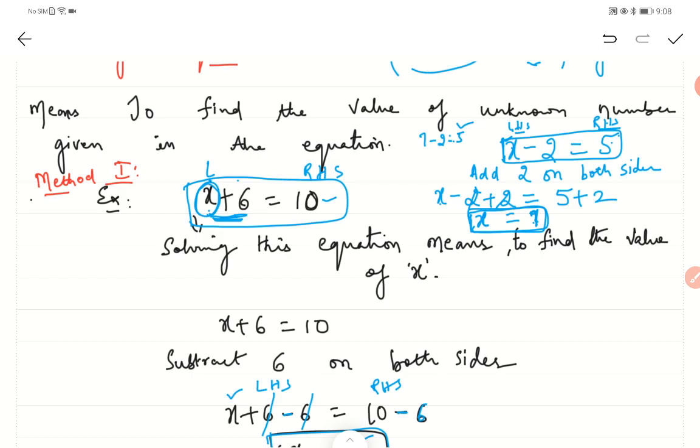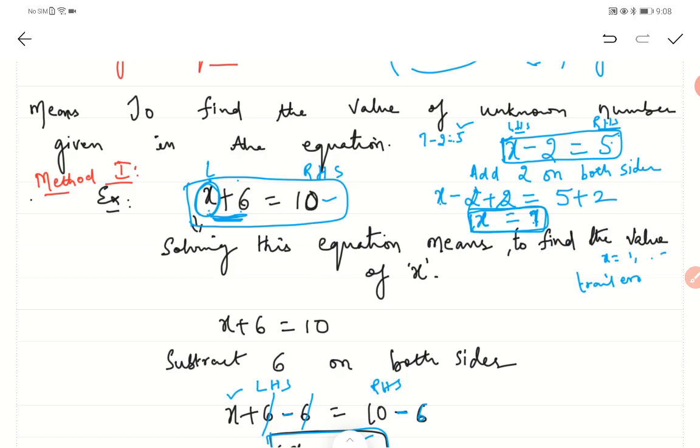This is very simple. Instead of going for the trial and error method, putting so many values of x, this type of solving of equation becomes easy for us. But in the question, if it is mentioned to go for the trial and error method, obviously you need to try with different values of x.